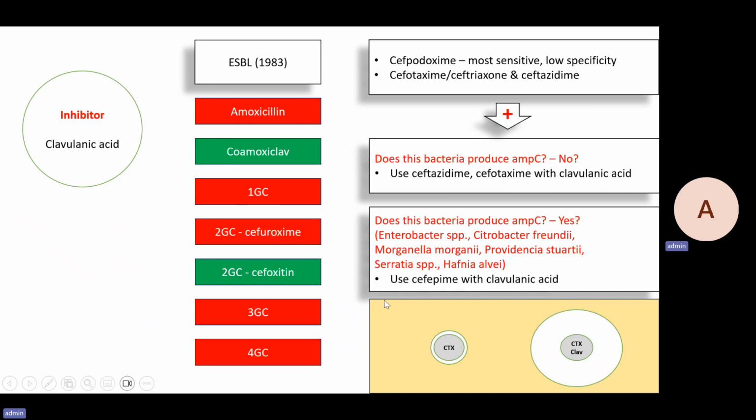For example, assume that this is the lawn of the test bacteria that you are going to test, like an E. coli maybe, and then you put a cefotaxime disc and a cefotaxime clavulanic acid disc. Now, if it's an ESBL producer, it will break down cefotaxime and you will have a very small zone or no zone around cefotaxime. But because clavulanic acid is able to inhibit it, you will get a big zone around cefotaxime clavulanic acid. If you are testing this other group of bacteria, instead of cefotaxime, you should be using cefepime here.